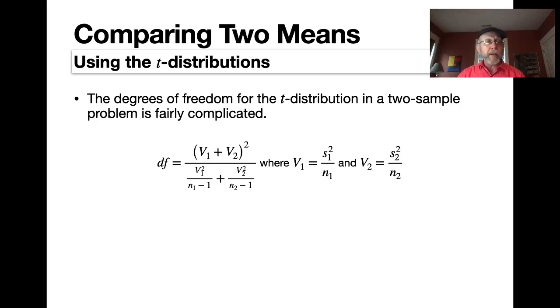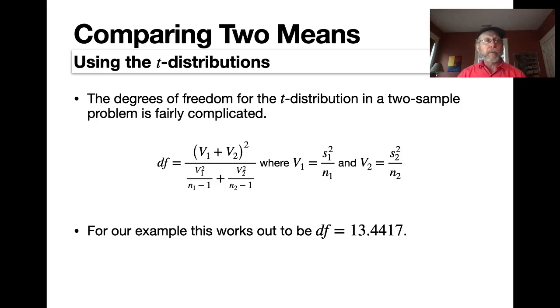And the degrees of freedom is that rather complicated formula involving V1 and V2. If you actually plug and chug with our data, you find that the degrees of freedom for the t-distribution for our problem is 13.4417.